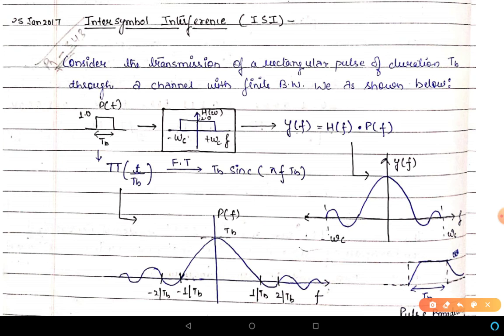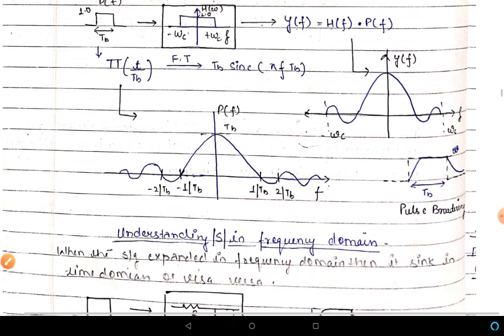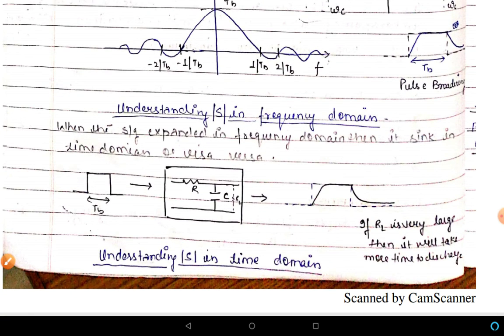As can be seen, this is a rectangular pulse. This is a channel. This channel is a low pass filter. This is equivalent to a low pass filter. That is why it is as good as passing a rect pulse through a low pass filter.